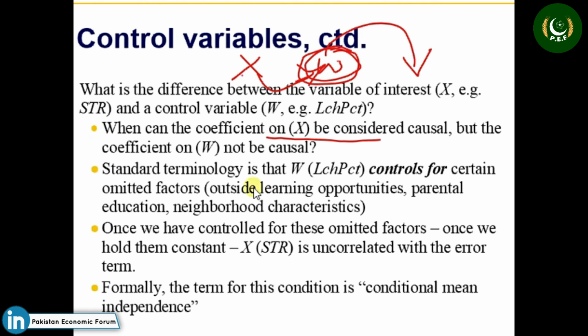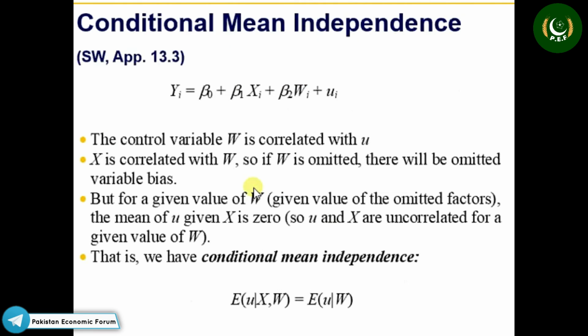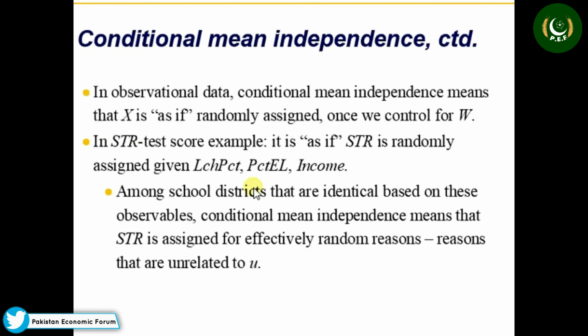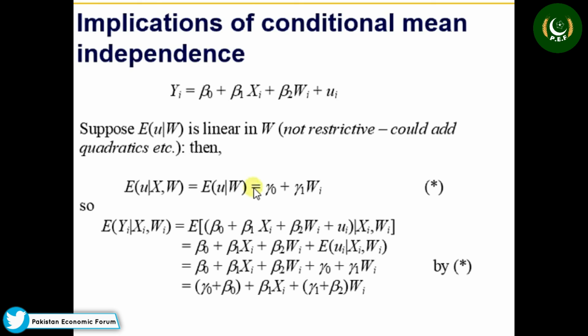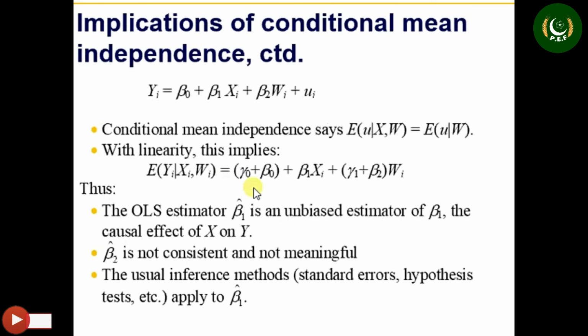That's why we need to include W, but W may not itself have a causal interpretation. For the conditional mean independence concept, read chapter 13 as well as chapter 7 from Stock and Watson. I'm not going to comment on this further, otherwise it will be a very long video. I have already discussed this theory, conditional mean independence, in my video number 16.